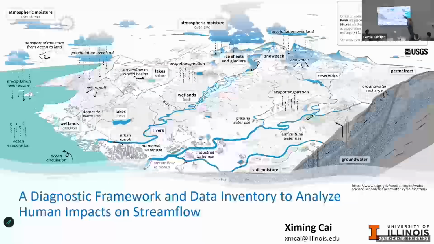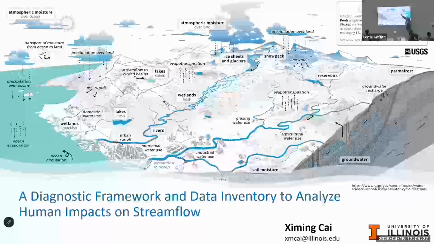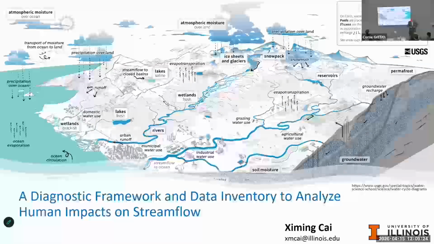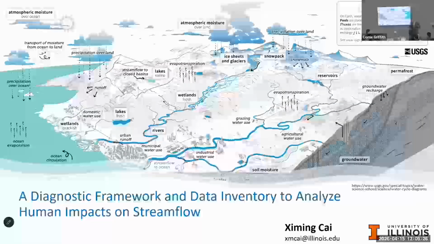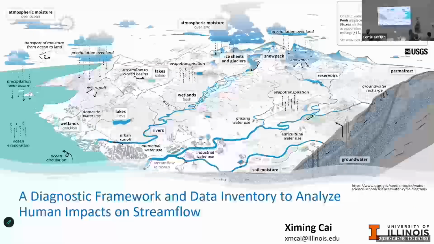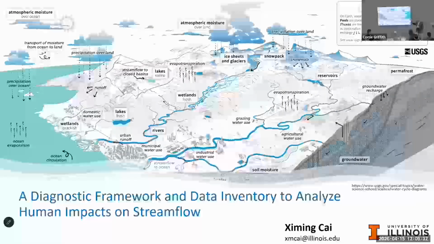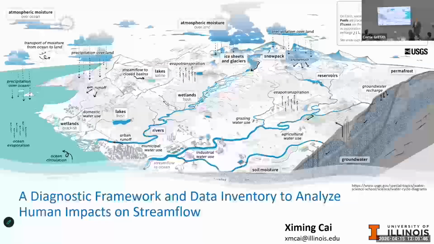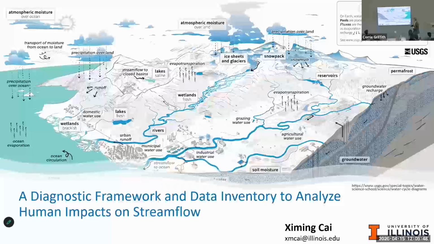An interesting thing here is streamflow through closed basins. This is the kind of interbasin water transfer from one basin to another. So this shows the USGS view of the watershed as a coupled nature-human system. It also highlights the research on how we could factor human interventions into hydrological systems.